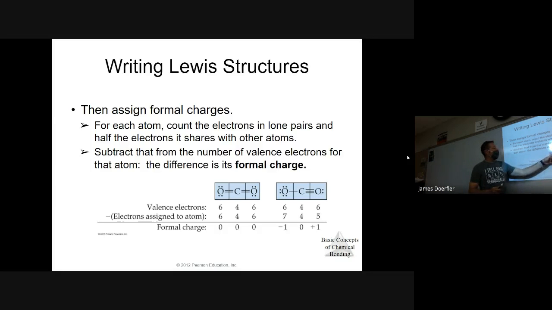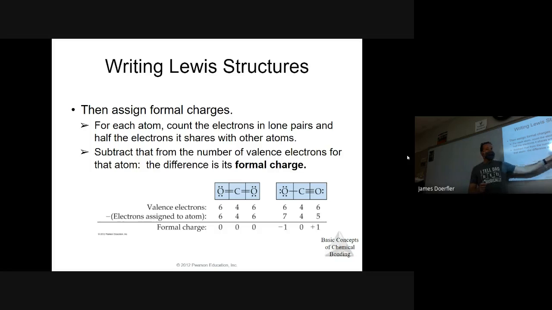Can anybody tell me how many electrons would be placed on oxygen after we bisect those double bonds? There you go. How many? One each, but 2. Very good. So total assigned to oxygen would be 1, 2, 3, 4, 5, 6. So then you put 6 right down here.